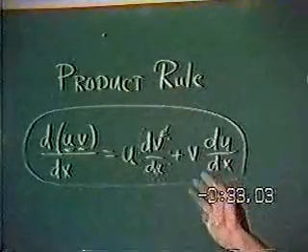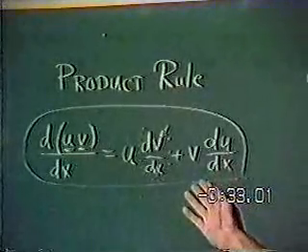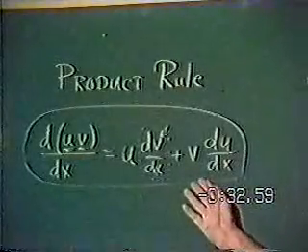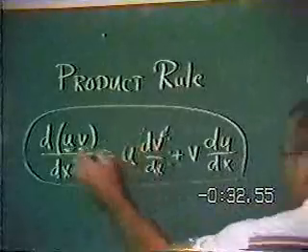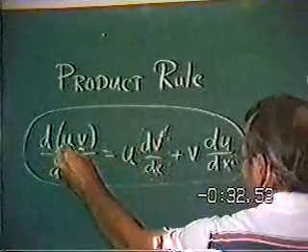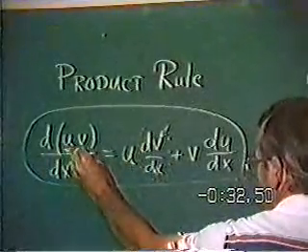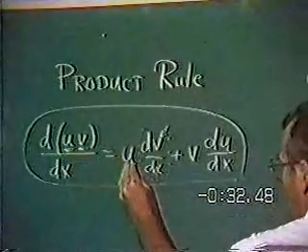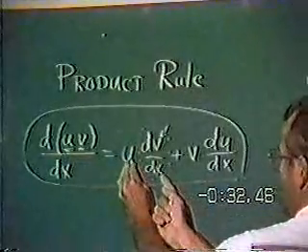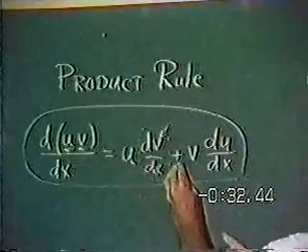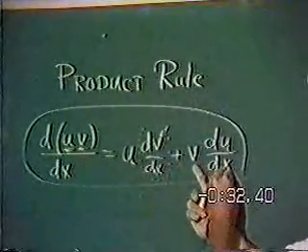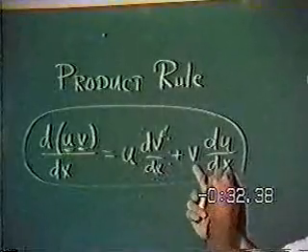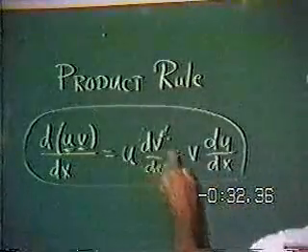Read the notes that I have right underneath this and get in mind what I'm saying about the product rule. The product rule says if you have the derivative of something times something, you write the first one down, take the derivative of the second one, plus write the second one down, take the derivative of the first one. It's really not necessary that this is first and second, second first.